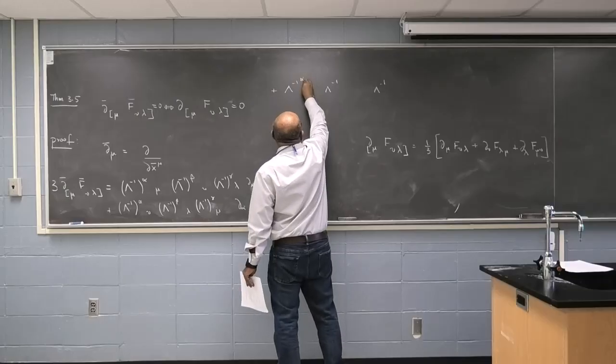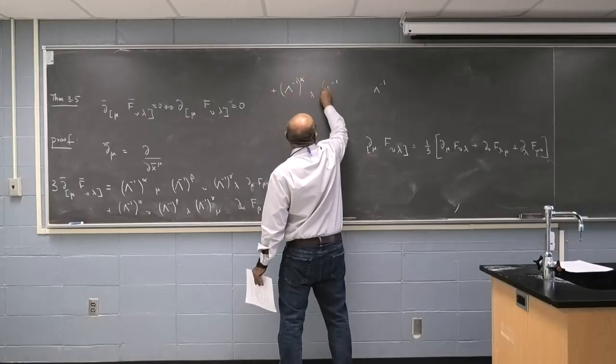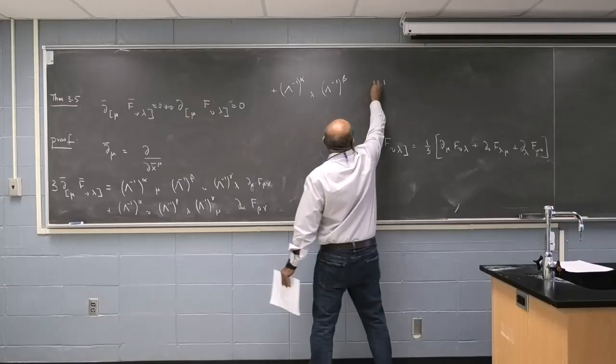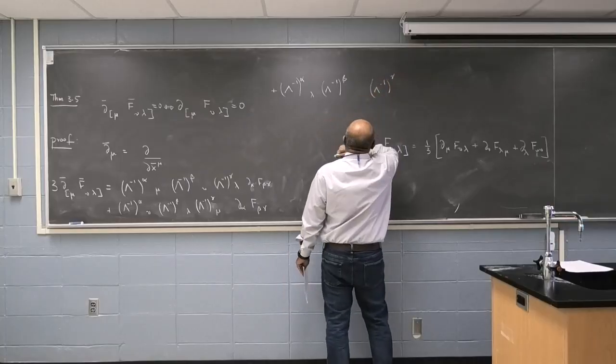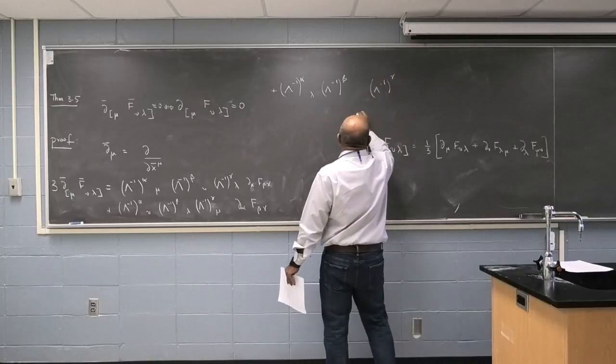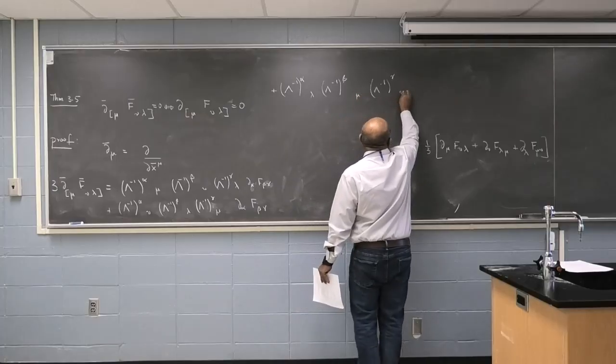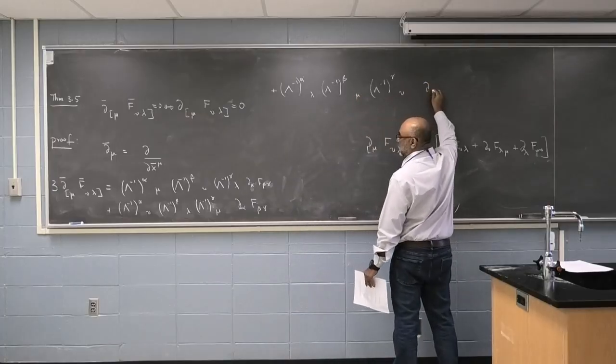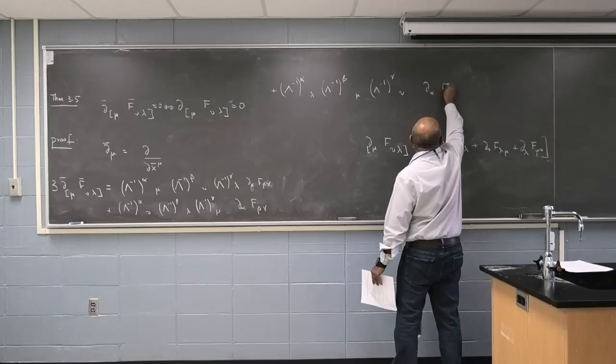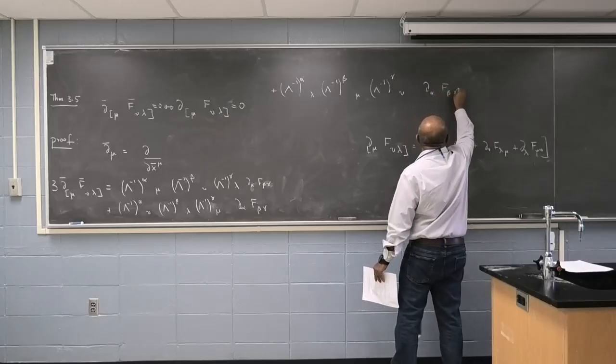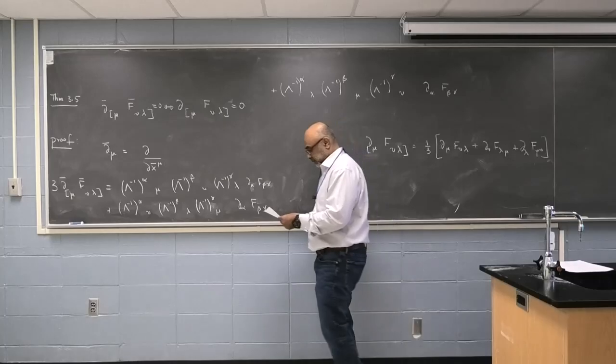Lambda, alpha, beta, gamma, lambda, mu, d alpha, beta, gamma. Are we good so far?